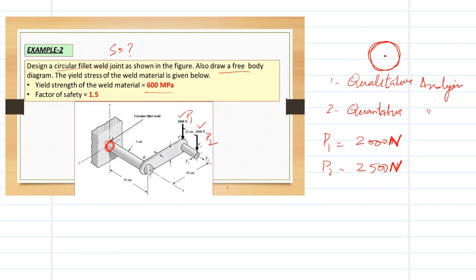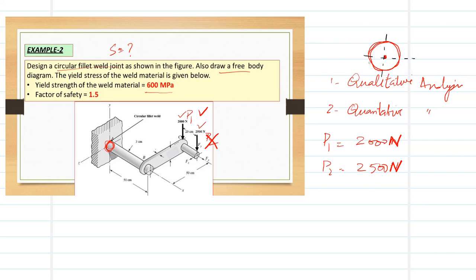Now let's say we consider only P1, and for the time being there is no P2 here. What happens is, if I directly transfer this load to the centroid of the circular weld, because the circular weld is symmetric in the vertical plane and also symmetric in the horizontal plane, in both these planes it's a symmetric weld.